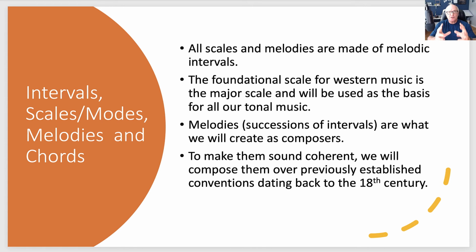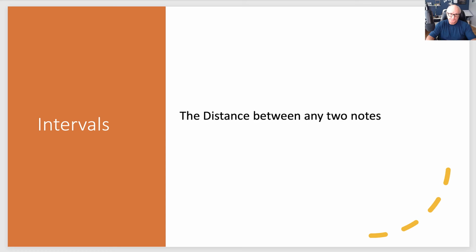And to make them sound coherent and make sense, we'll compose them over previously established conventions, dating all the way back to the 18th century. Now, later on, one can deviate from these, but they're foundational in the sense they really teach us the way to combine intervals and notes in a very logical and very familiar pattern.